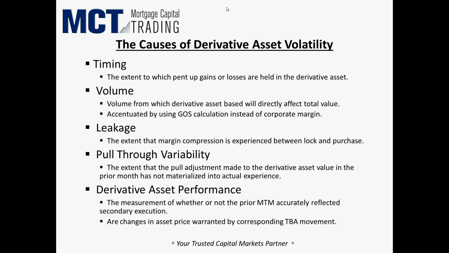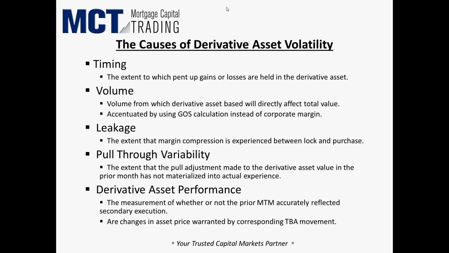And then, of course, finally, there's derivative asset performance. This is the measurement of whether or not the prior month-end mark-to-market actually reflected the actual secondary execution that you received at the point of commitment. And then, of course, the question below: are changes in the asset price movement warranted by the corresponding TBA price movement?